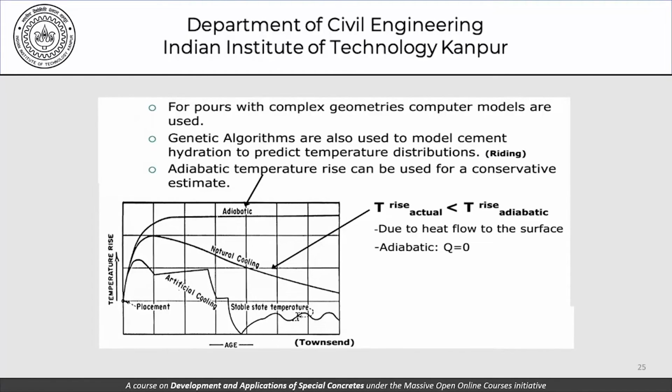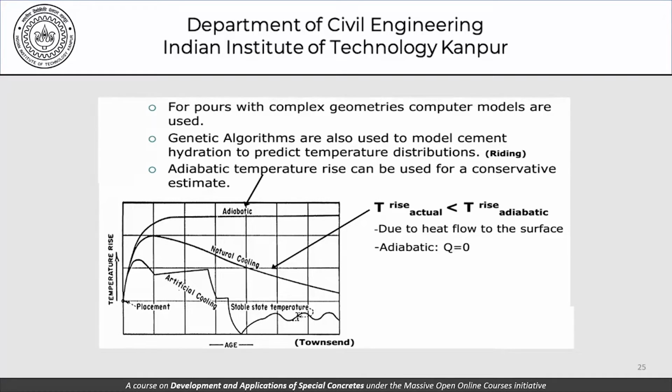Here is an example of how we handle this situation. For pores with complex geometries, computer models need to be used. Genetic algorithms or any such modern tools can be used to model cement hydration, to predict the temperature distributions.